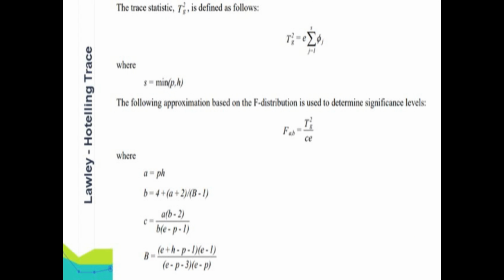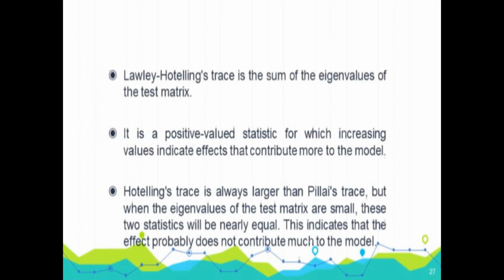The second one is the Lawley-Hotelling trace. Okay, so this is the formula. The Lawley-Hotelling trace is the sum of the eigenvalues of the test matrix. So it is actually a positive valued statistic for which increasing values indicate effects that contribute more to the model.